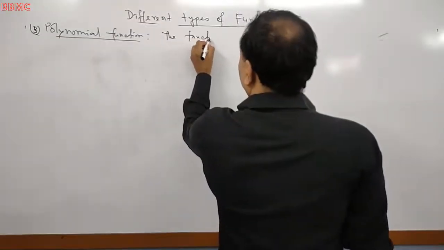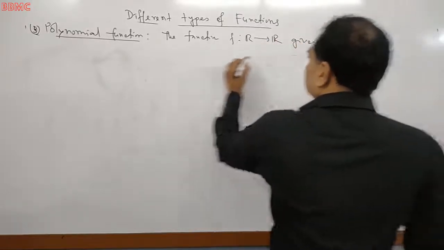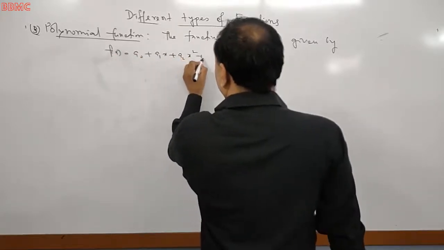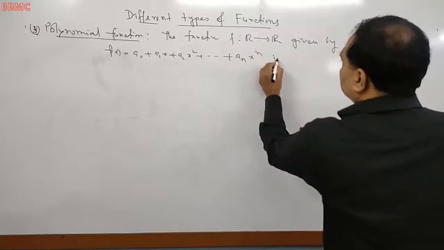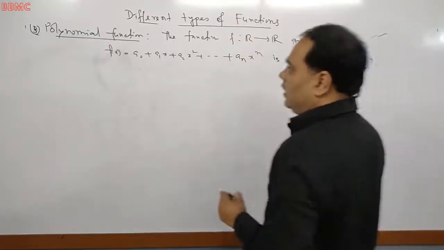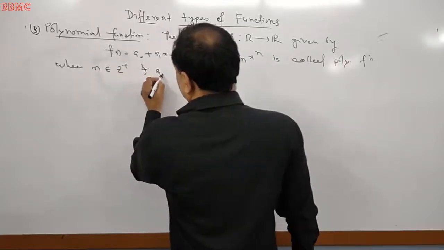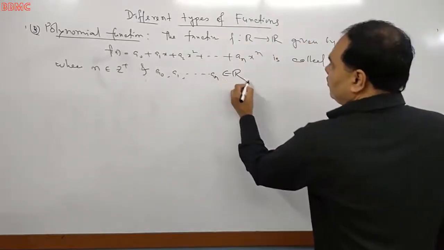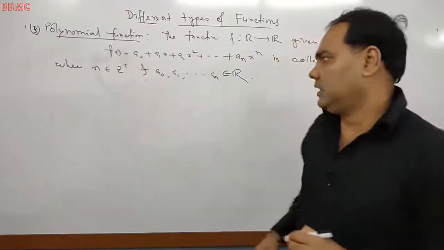The function f is the function from R to R given by f(x) is equal to a0 plus a1x plus a2x squared plus dot dot plus anx to the power n is called polynomial function, where n belongs to Z plus, a0, a1, dot dot dot, an belong to R. Here small n belongs to Z plus, means it's a positive integer, you can say.